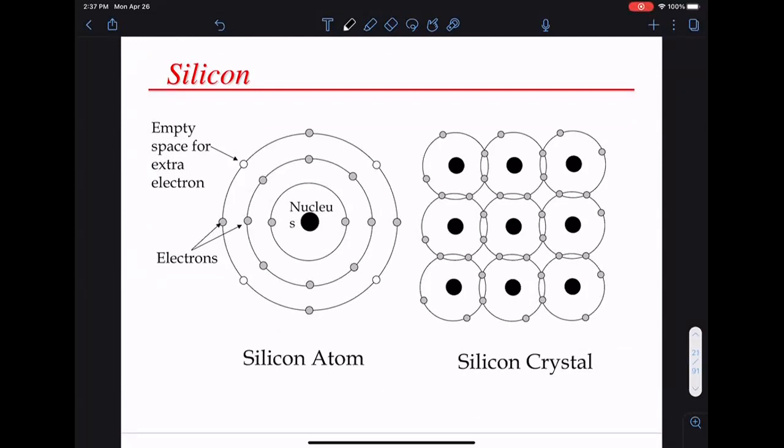The material for the solar cell will be silicon, a semiconductor. There are other, much more advanced materials out there, but we are going to talk about silicon for now. We're going to think about a silicon crystal where you have many atoms arranged in a lattice structure.